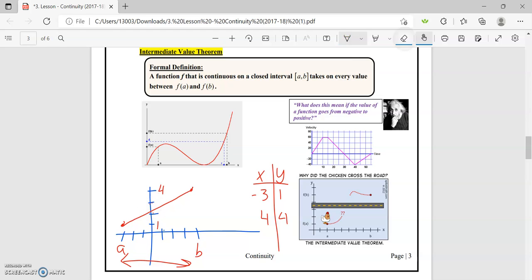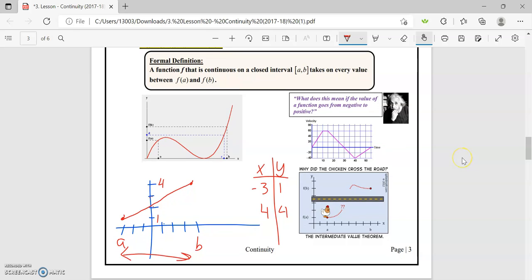Do I cross any other numbers outside of that window of 1 to 4? Maybe. We don't know. So my graph could go way down here like this. It could go way up here like this and end at 4. That's totally possible. But in order to fulfill the requirements of being continuous, I for sure know that I will have to cross 2 and 3 in order to get to 4.